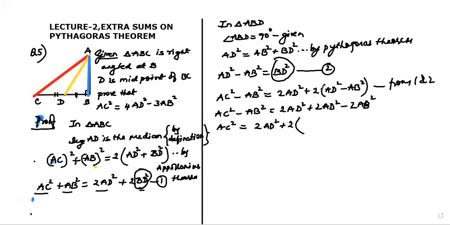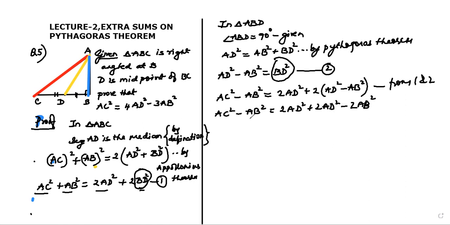What is this, children? Please have a look at this. 2 into, what is BD square equal? Oh, sorry, children. You've already substituted. In place of BD square, you put AD square minus AB square. So it becomes 2AD square minus 2AB square.